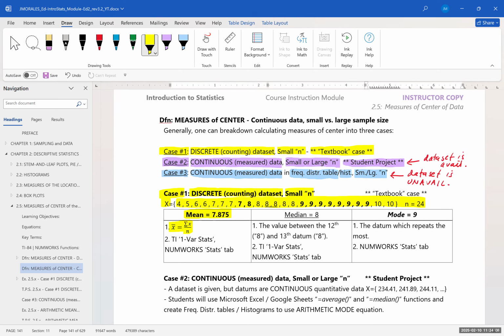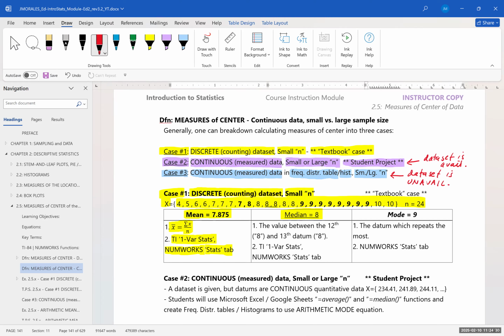This is the formula for calculating the mean. If you're going to use the Texas Instruments or the NumWorks calculator, you can use the function one variable stats, or enter it into your NumWorks calculator and look at the stats tab. It'll just give you that number. The median, in this case, is going to be 8.